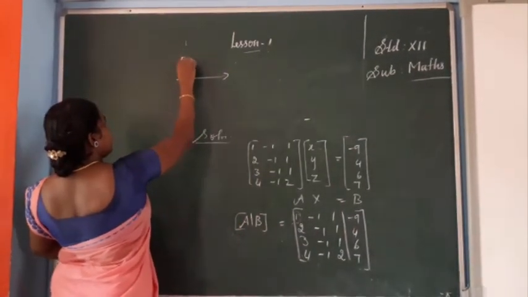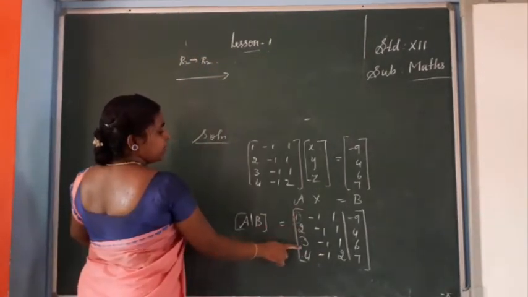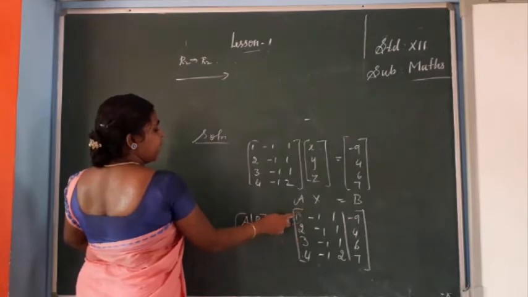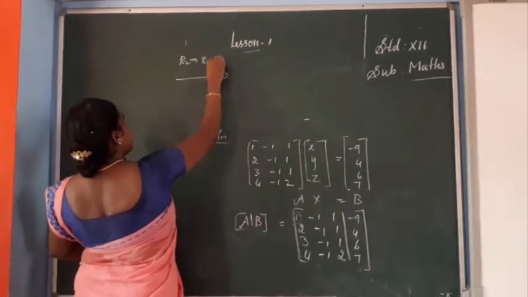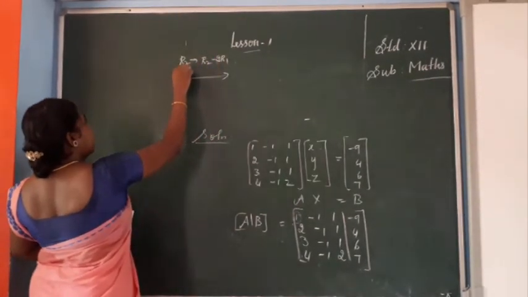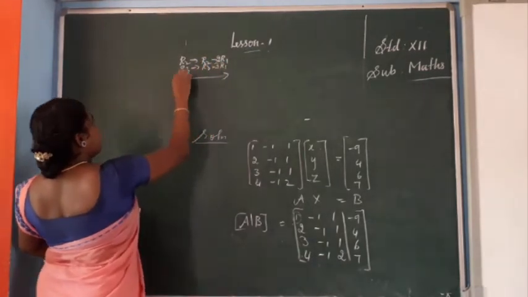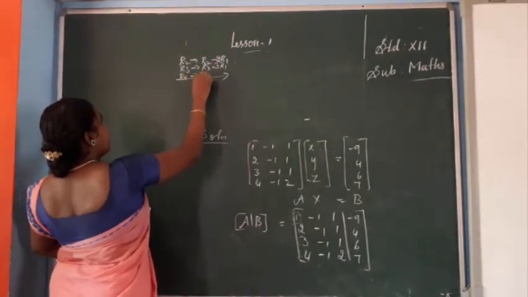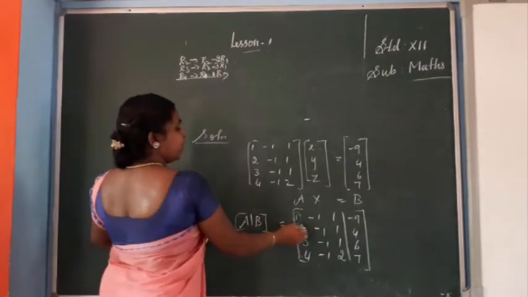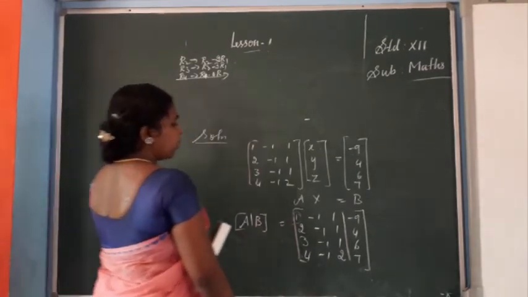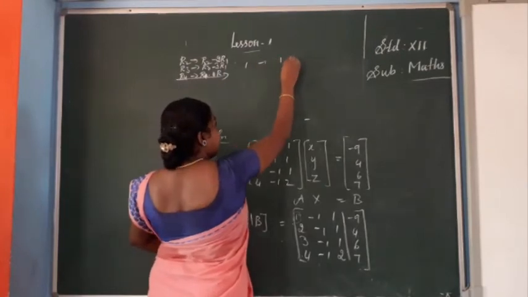So R2 gives R2 minus 2R1, R3 gives R3 minus 3R1, R4 gives R4 minus 4R1, because we have to eliminate 2, 3, 4. Then we write the first row, no change: 1 minus 1 1 minus 9.